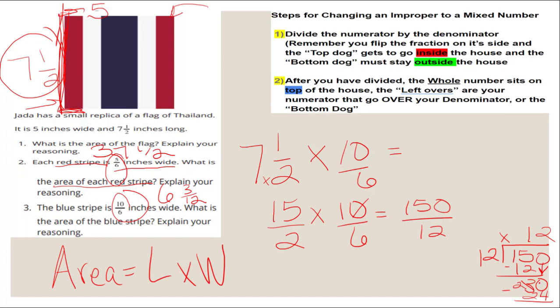Bring the 10 over to the ones house. So I have 10 in the ones house. 10 minus 4 is 6. So my answer is 12 wholes sitting on top of the house. My leftover is my 6 over my bottom dog, which is my denominator.